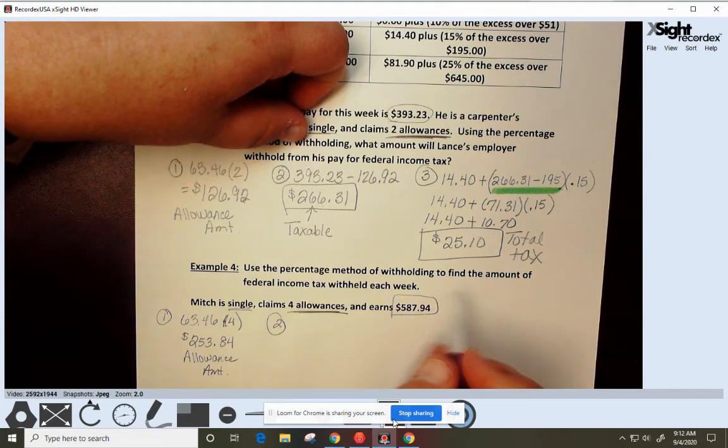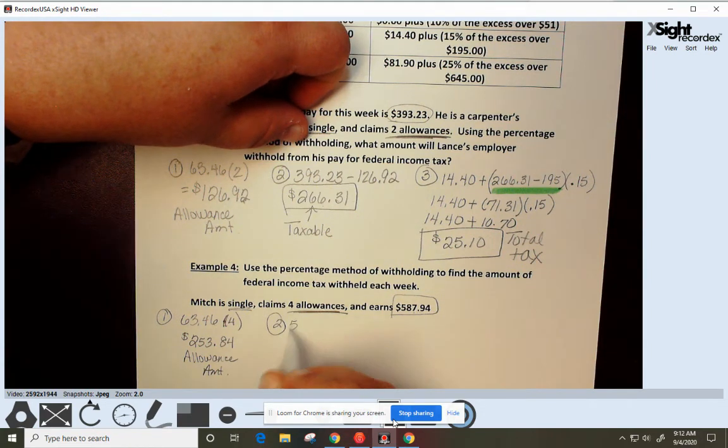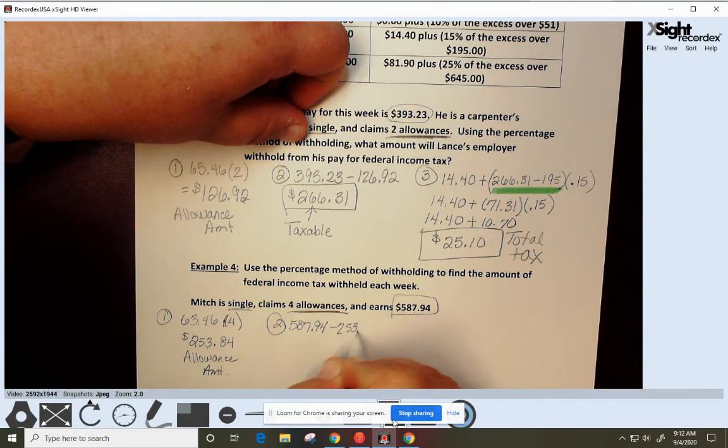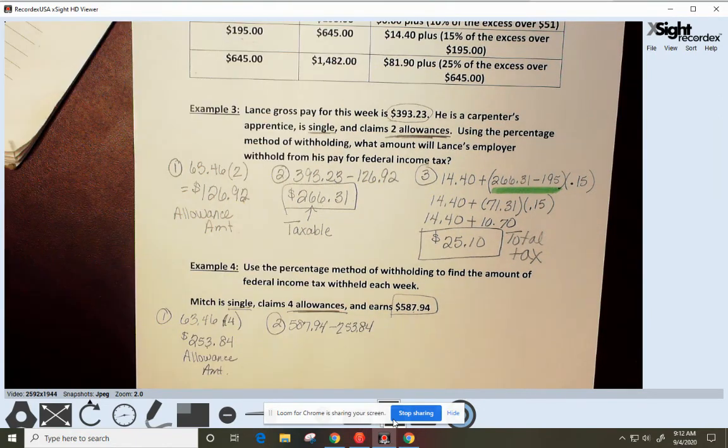So we're going to take what they make, and we're going to subtract our allowance amount, $253.84. So 587.94 minus 253.84.